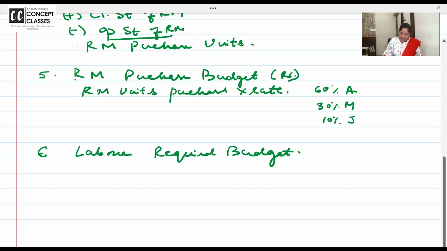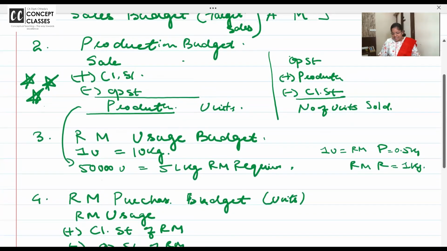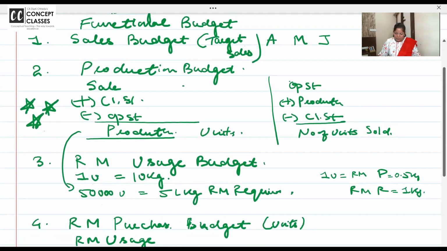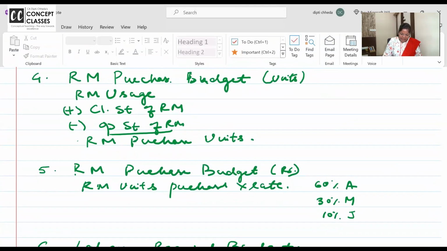How will you make your labor required budget? Until now, everything is clear. We have studied in a very different way today. When you use this and perform, you will be very clear.